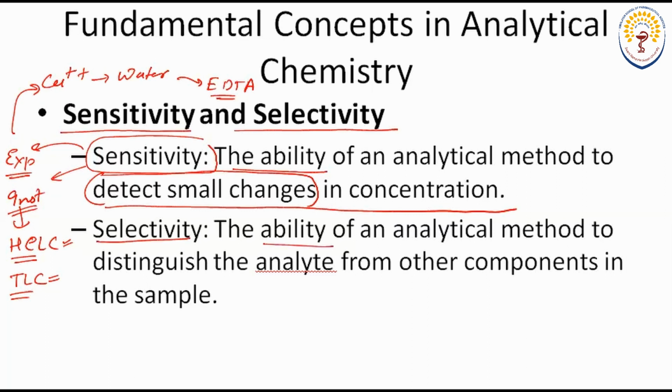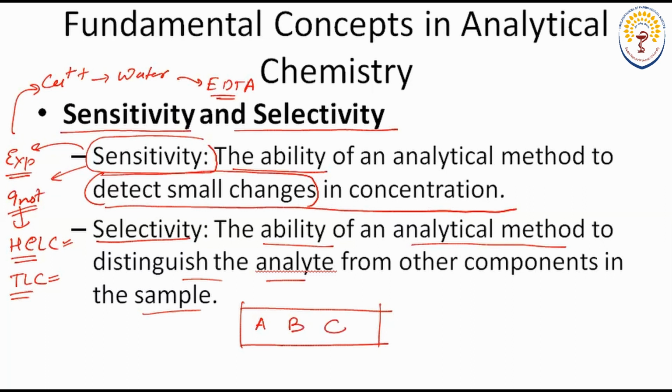Now coming to selectivity. Selectivity is the ability of an analytical method to distinguish the analyte from other components. For example, in a sample we have substance A, substance B and substance C, and these A, B, C are the three components in the sample.